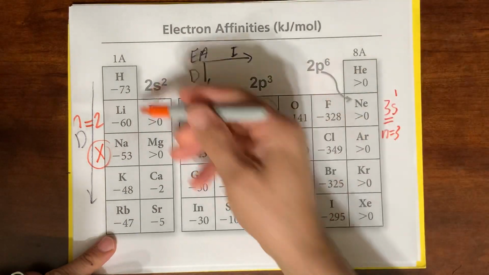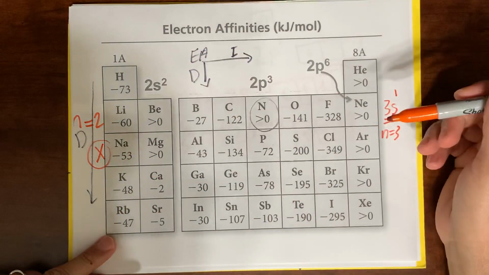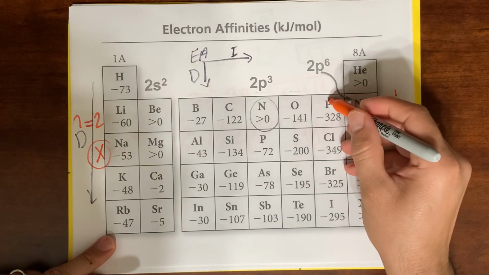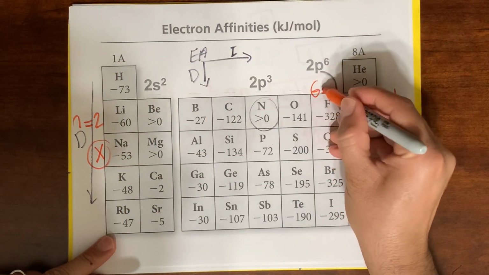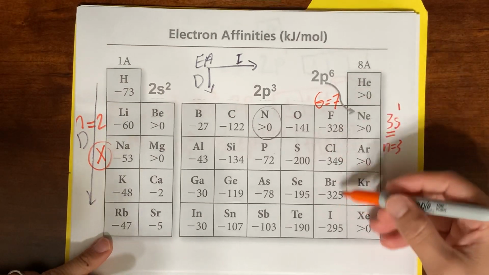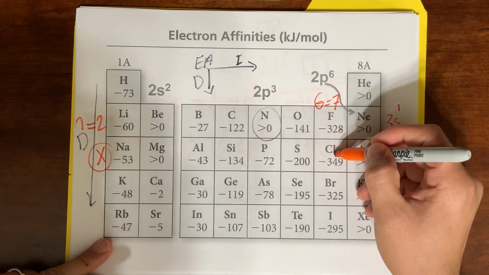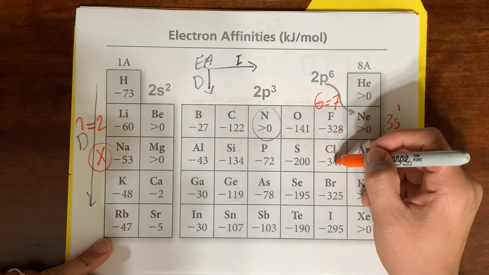And when we go down in one group, again, the electron affinity decreases. But check this group 7. When we go down, from fluorine to chlorine, we see a jump actually, it increases, and then decreases.